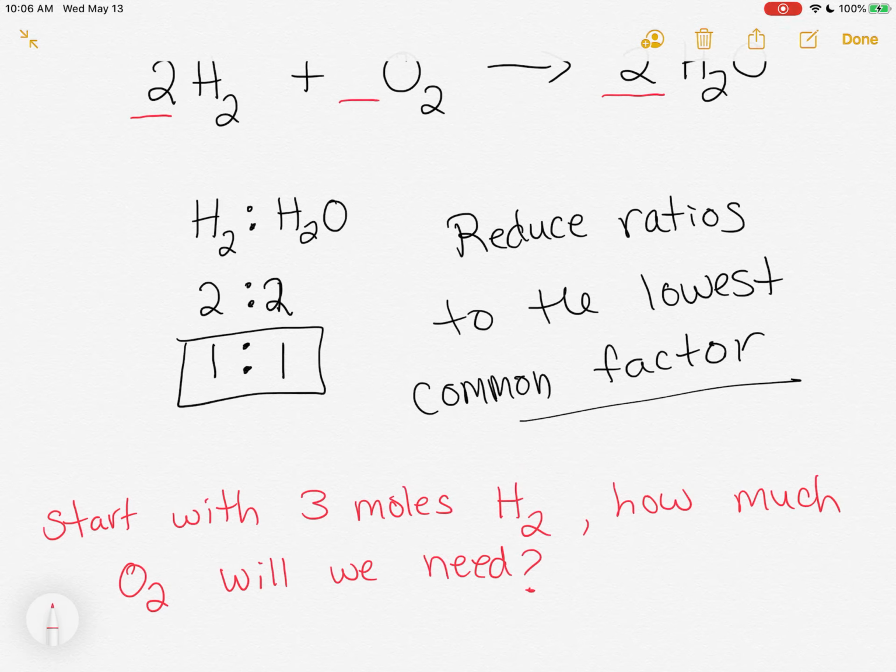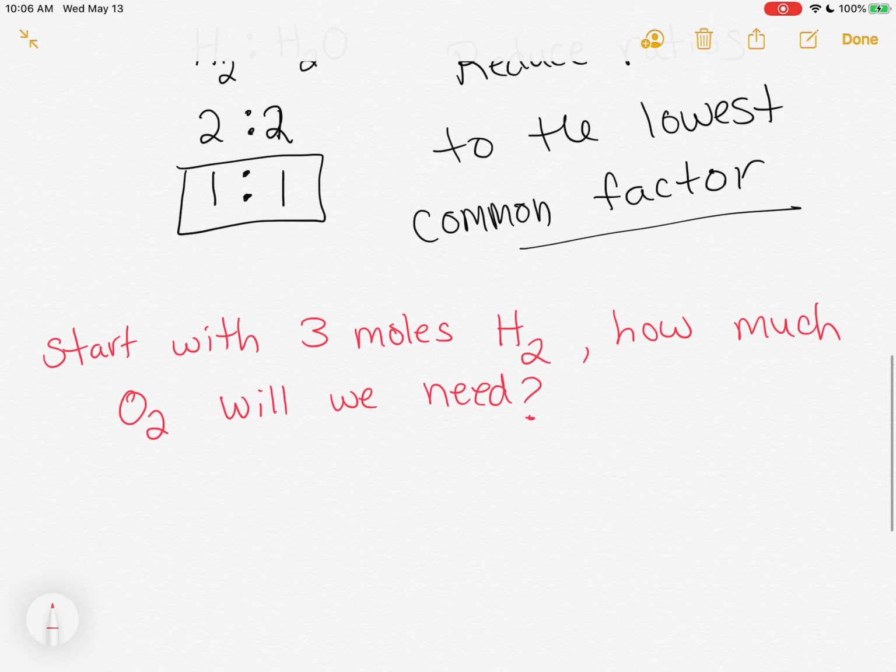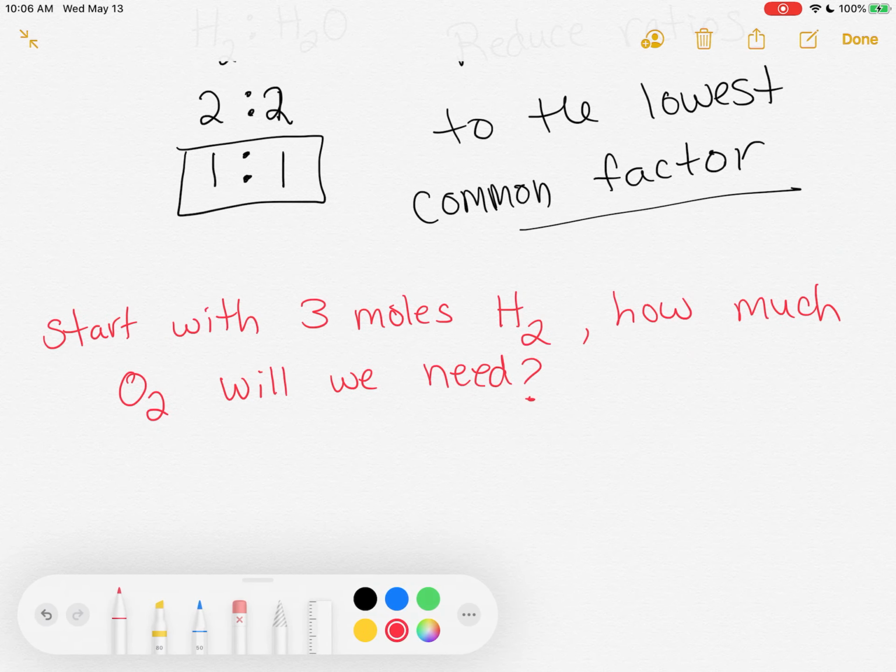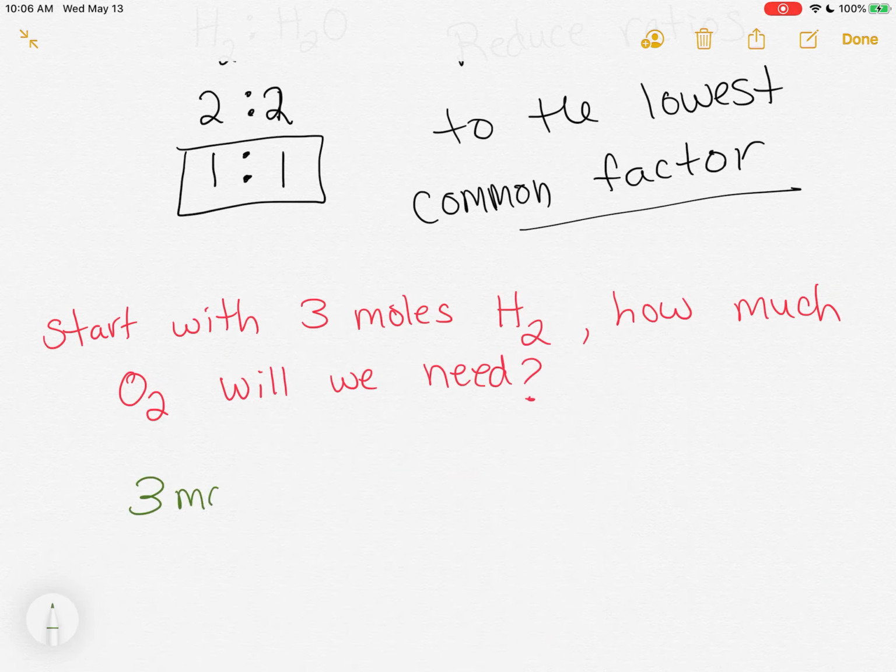Okay, because reactions have to occur in those specific ratios. And so if we start with 3 moles of hydrogen, how much oxygen are we going to need? So when we do this calculation, let's do it in green. We're going to start with our 3 moles of H2, and we're going to multiply by a conversion factor.